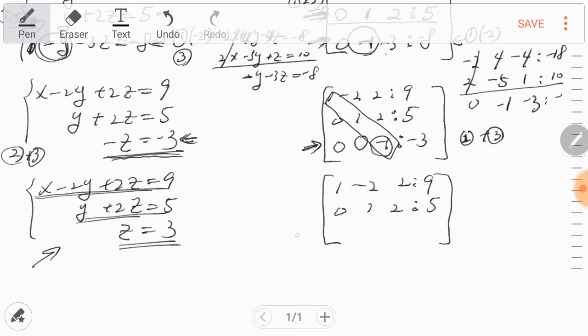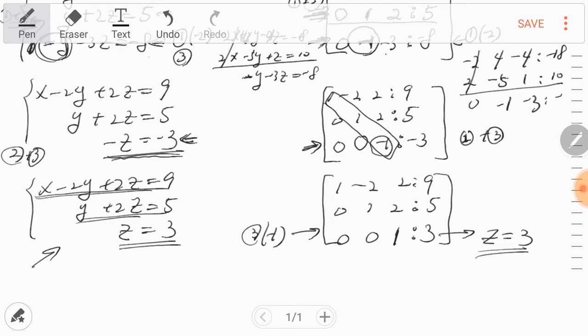So multiply the third row by negative 1, then 0, 0, 1, colon 3. So the equation for the third row is, okay, 1 is the coefficient of z, so it will be z equals 3. 1 times z equals z. So the third row gives you the z value.